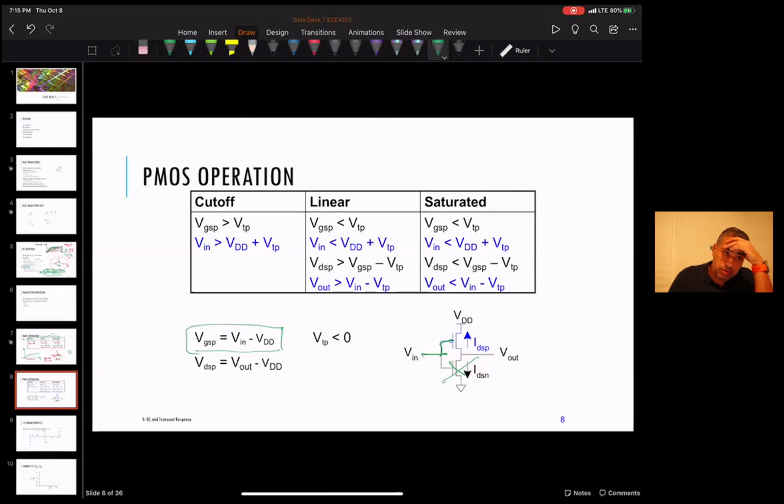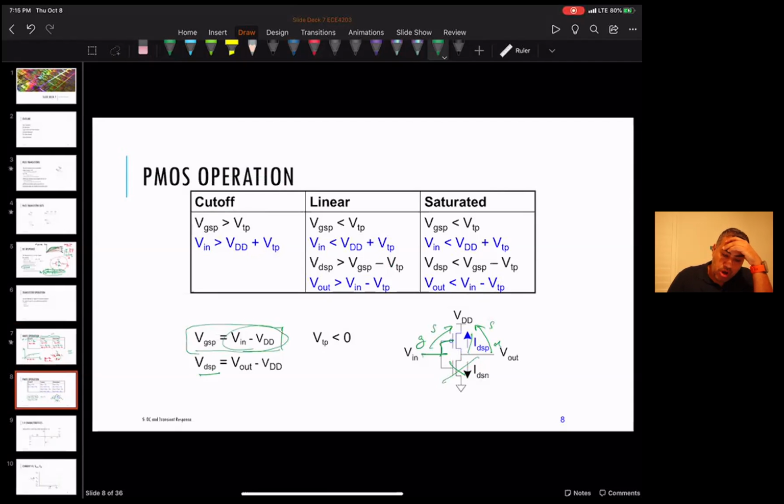This is important when we do the load line. And then the drain-source is V out minus VDD, because everything is referred to VDD, whether you're talking about gate-source or drain-source. So that's what we have for the PMOS.